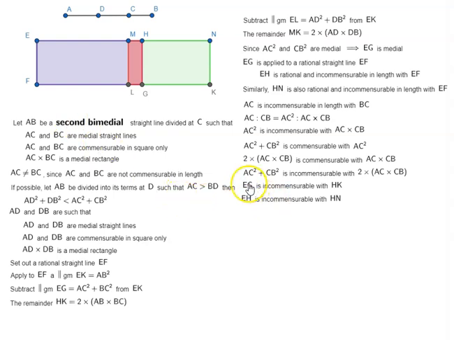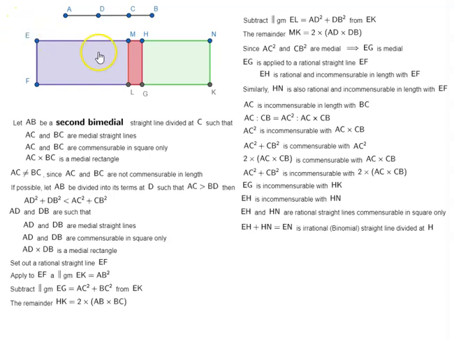Means if the rectangle EG is incommensurable with rectangle HK, that means EH is incommensurable with HN. EH and HN are rational straight lines commensurable in square only. And if we add it up, we get EN. So that means EN is an irrational straight line divided at H, what is called a binomial.